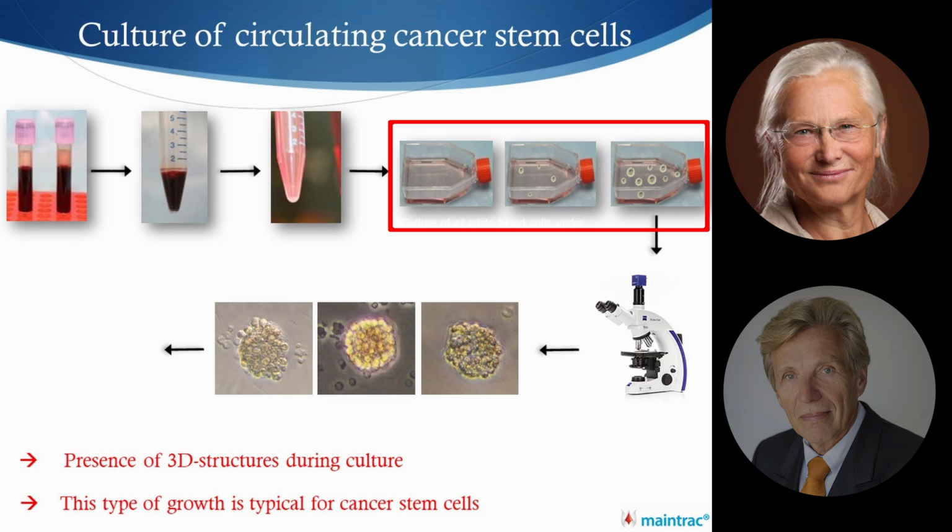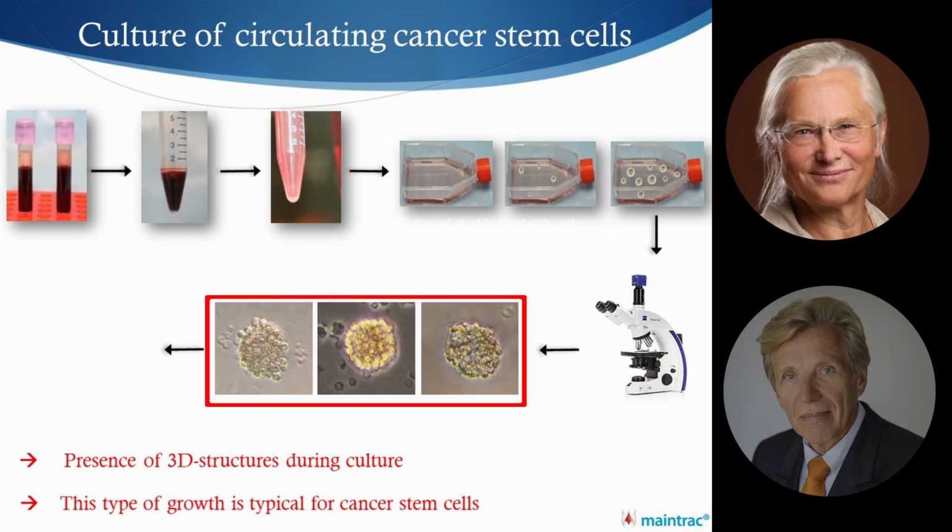And now we put these cells into culture. And if there are stem cells present, they develop into small spheres, into 3D structures. And this type of growth is known to be typical for cancer stem cells.